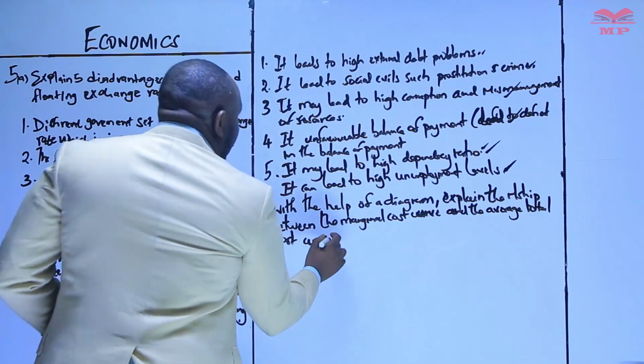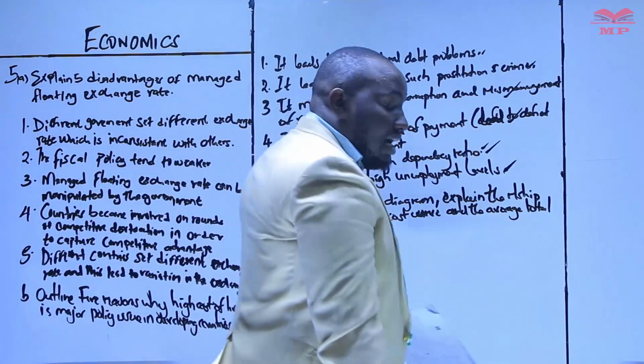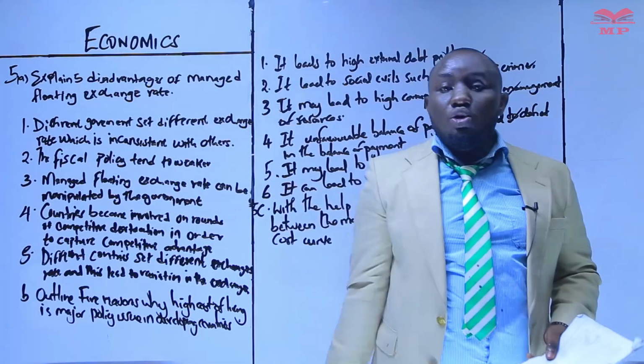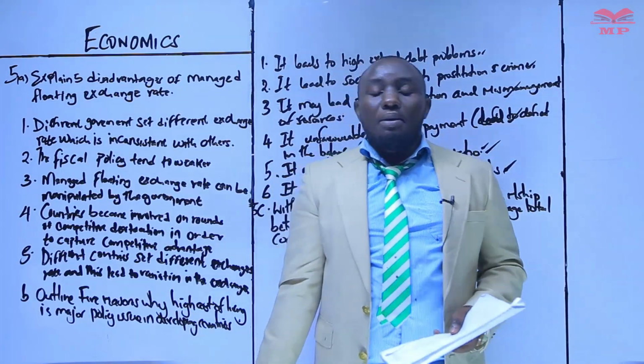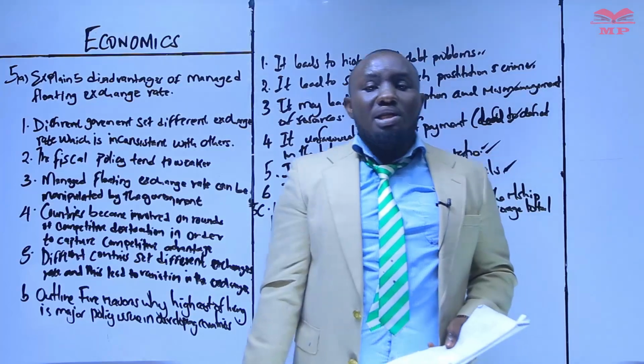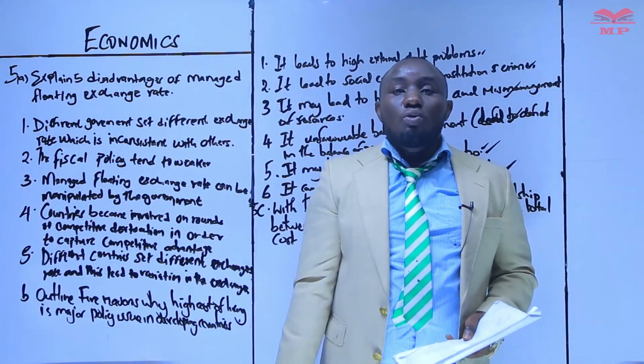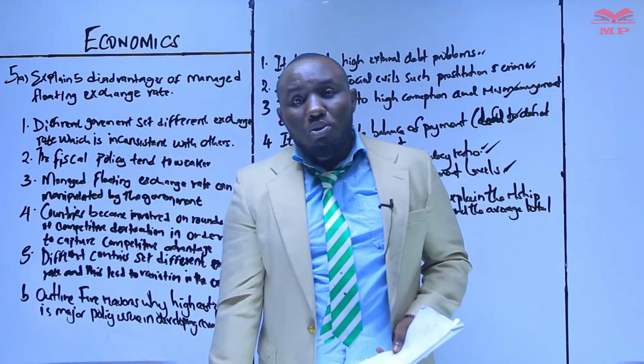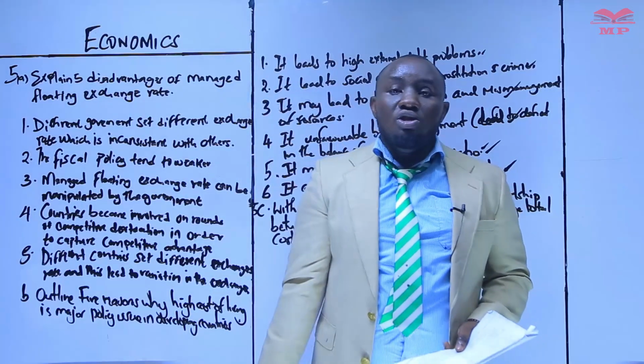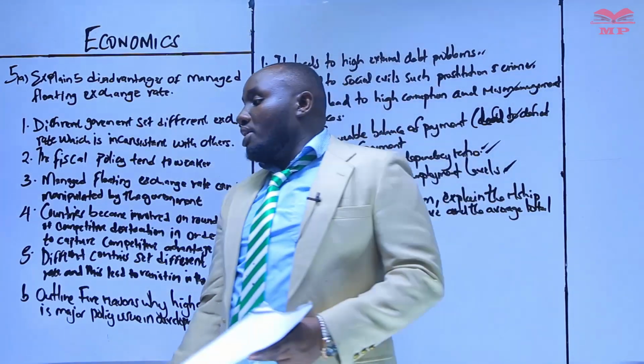So first of all, very important, we need to understand average total cost and marginal cost. Average total cost is total cost over the quantity. Marginal cost is the change in total cost over the change in Q. So we put the diagram down.